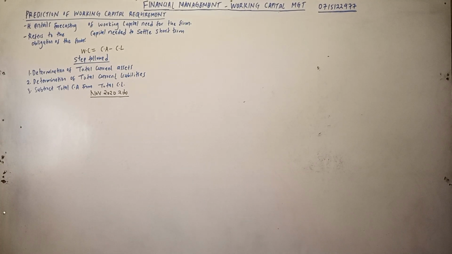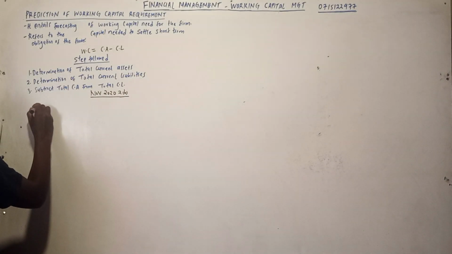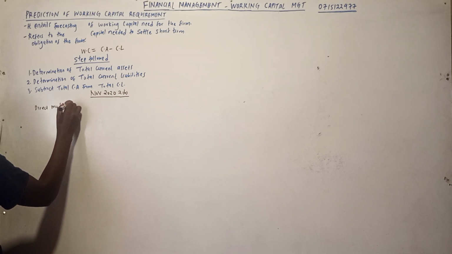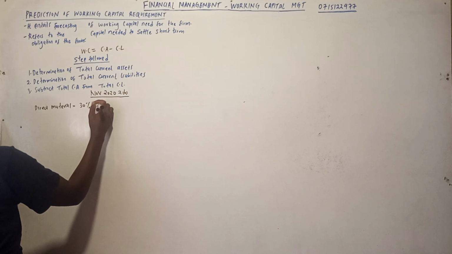So we move on. Let us start the workings. We start from the top, with direct material. Direct material is 30% of the turnover, so 30% of 15 million.